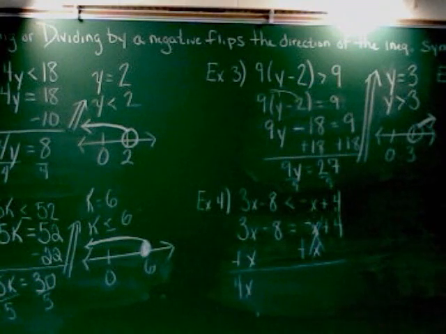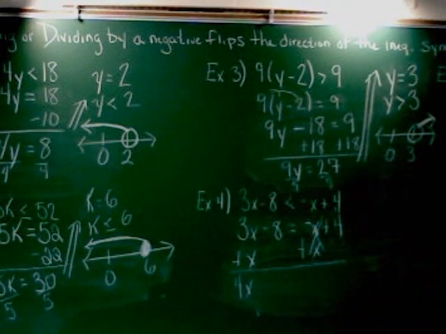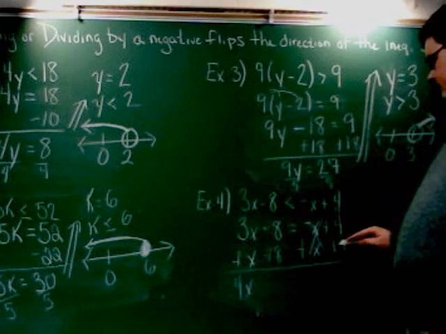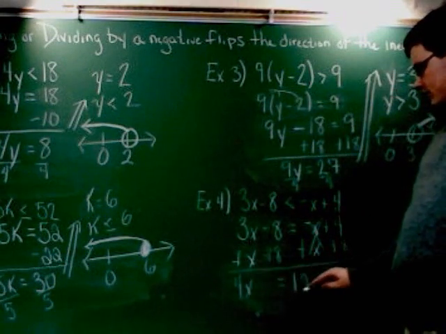You also know by now that numbers are going to go to the right side, so I'm going to have to move the 8 over. As you can clearly see, there's a subtraction sign in front of it. So the opposite is going to be to add it. And that gives me 12.